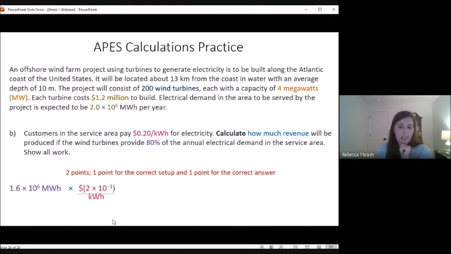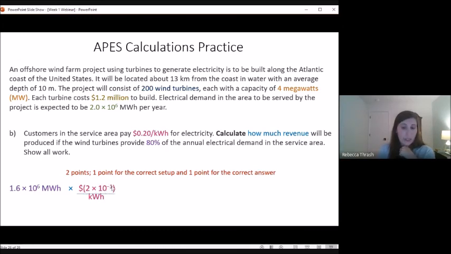So we're going to put that into our calculation, but notice I'm converting this number to scientific notation to make my calculations easier, because now all I have to worry about is dealing with the coefficients and then adding, subtracting, whatever I need to do with the exponents.